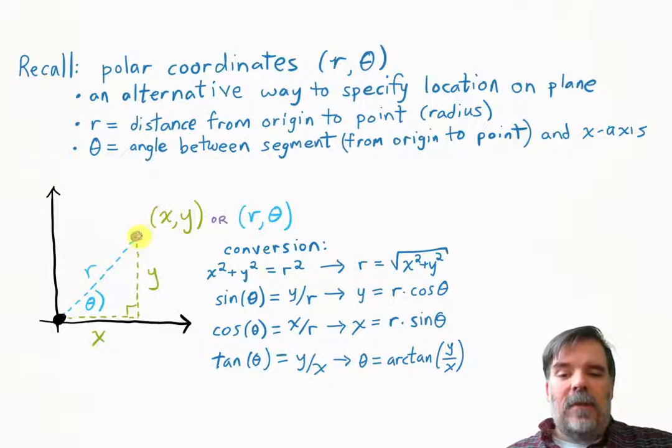Alternatively, we can specify where this point is by first saying how far away it is from the origin, measuring the distance of this dashed line here, and also specifying the angle between that segment, corresponding to r, and the x-axis.